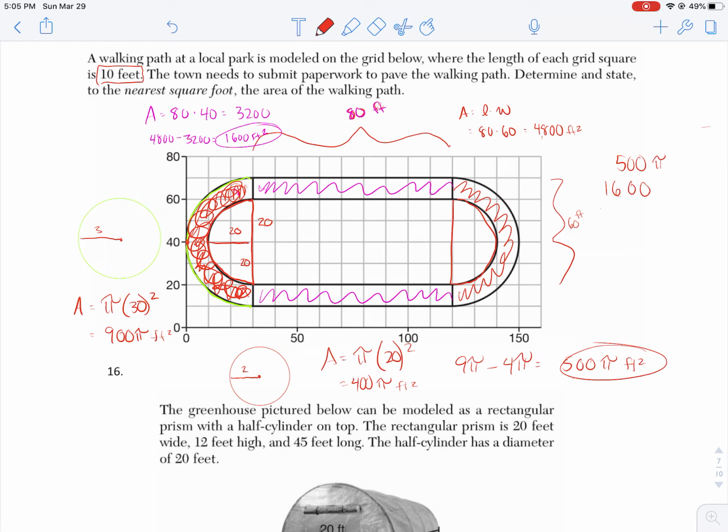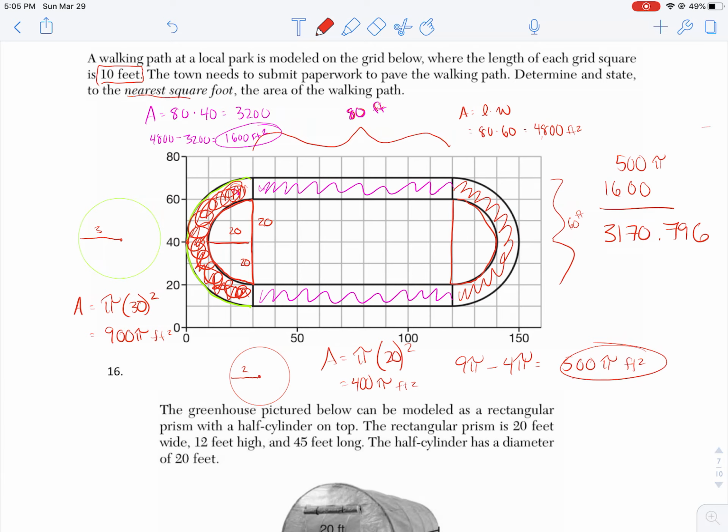So it's going to be 500 pi plus 1600, you end up with 3170.796.